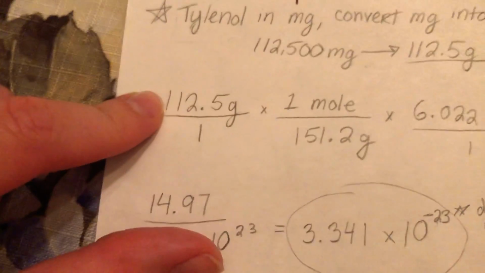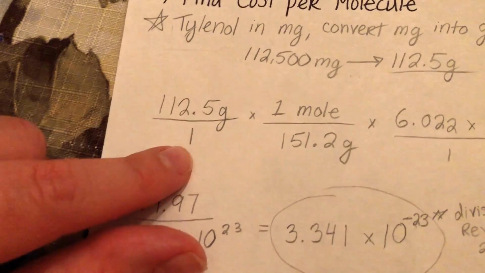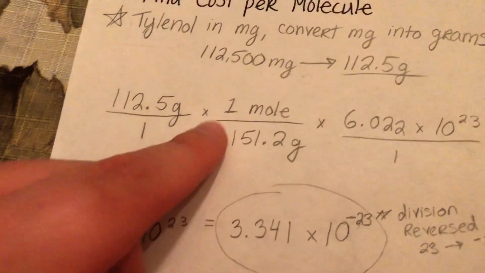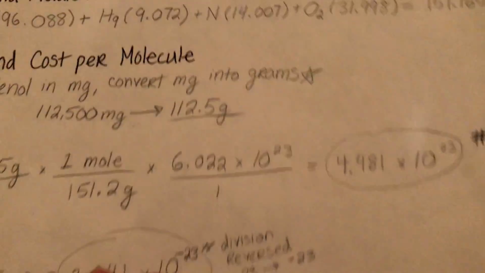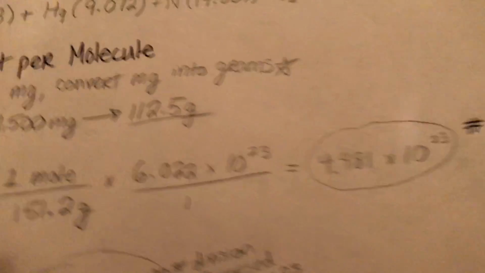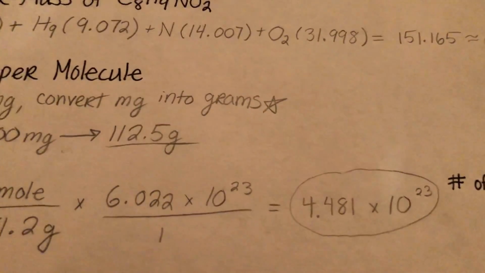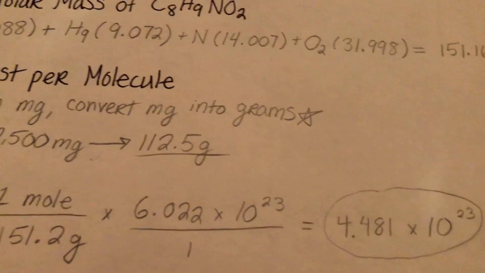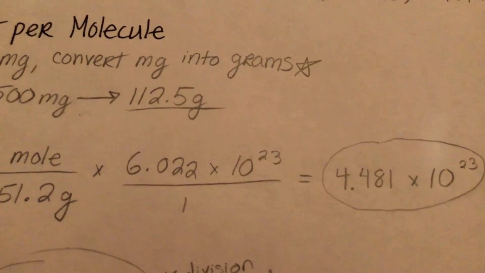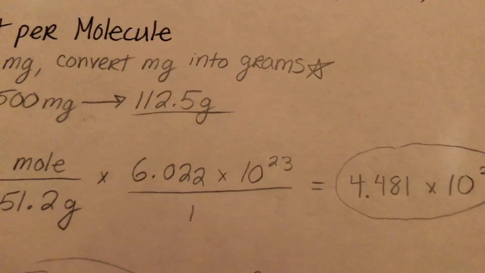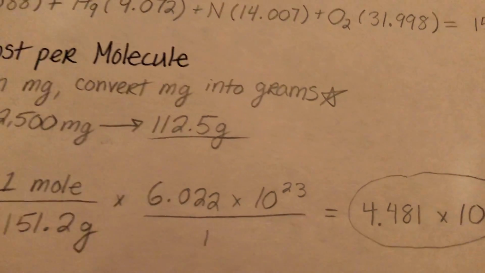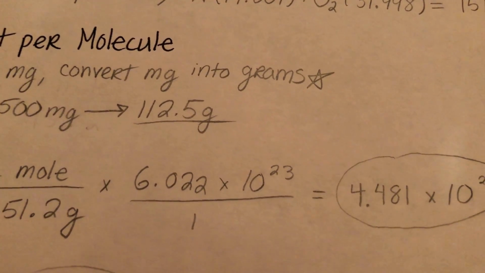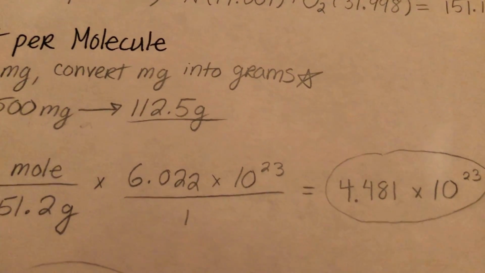So we have 112.5 grams over a placeholder. Then we have 1 mole, and 1 mole from here is 151.2 grams. I had to look this up again to refresh myself. So Avogadro's number: I'm using this because this is a constant that converts moles into the number of molecules, which is exactly what we need in this instance.